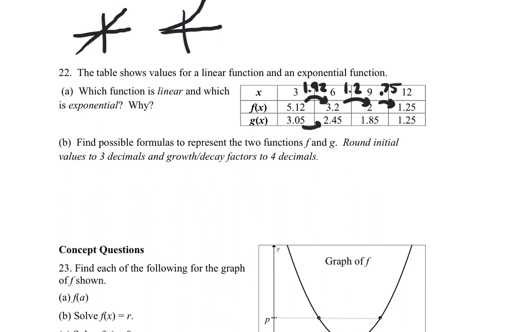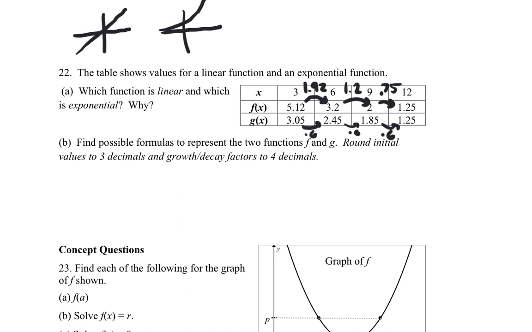So going from 3 to 6, we get 0.6, and from this one to this one, 0.6, and if I had to guess, this one would also be 0.6, and it is.